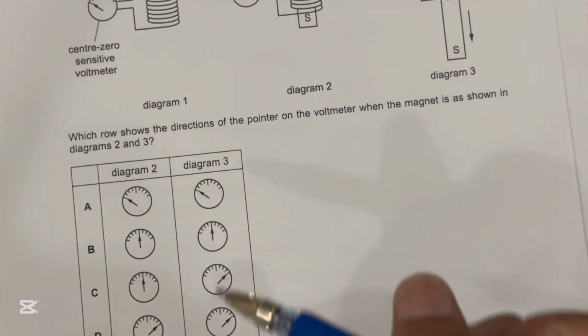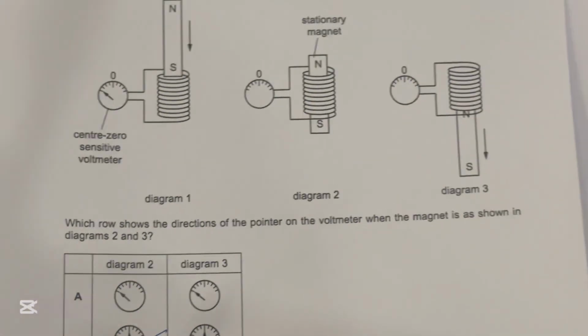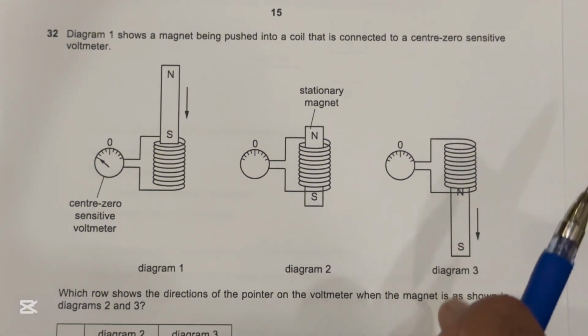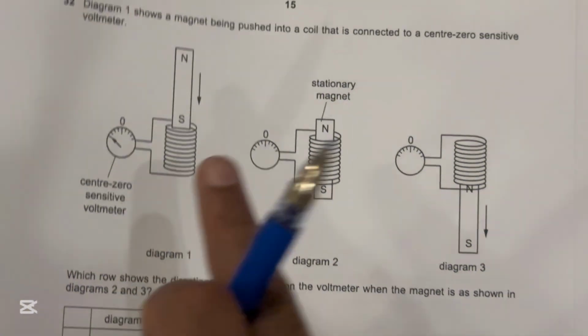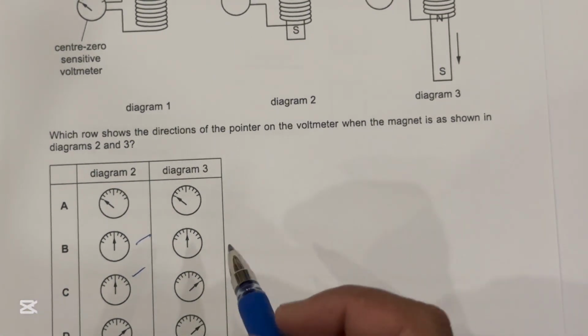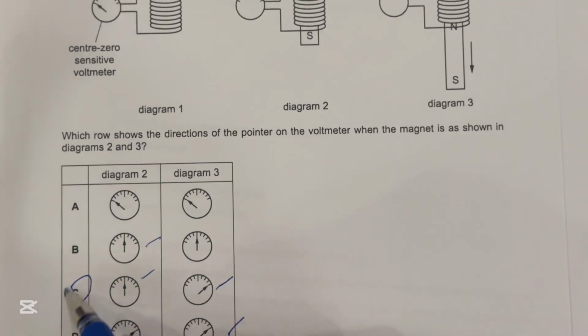So option number B and C are showing no deflection. When moving downward or coming out, it should reverse the direction as it was when entering. So option number C is carrying the reverse direction and D as well. So option number C is carrying both the right ticks.